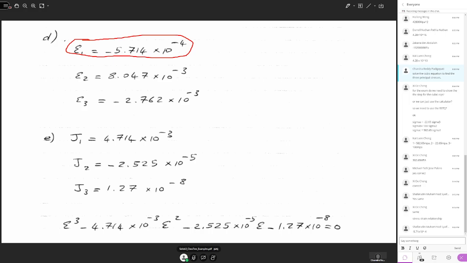All right. So what about the second principal strain, epsilon 2? Can anyone confirm this answer?